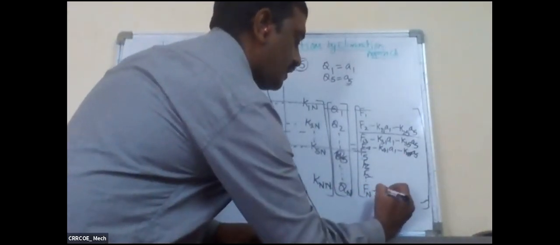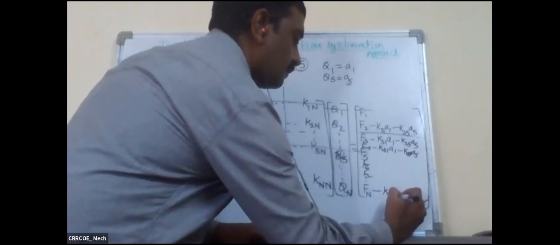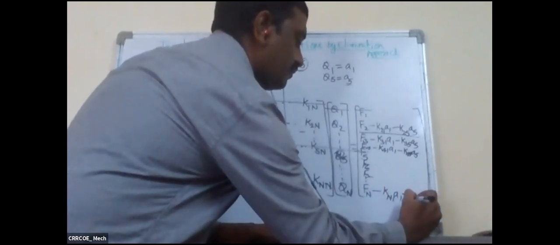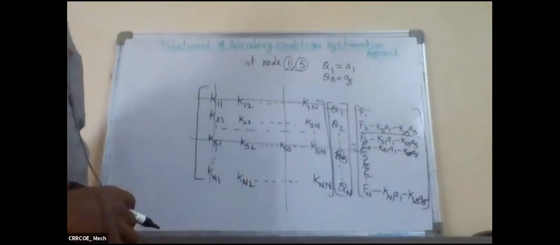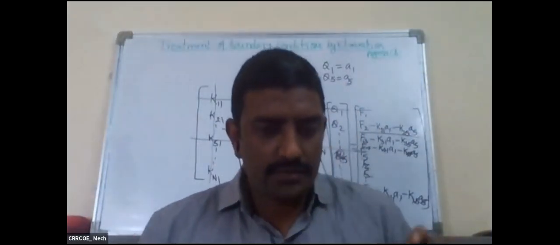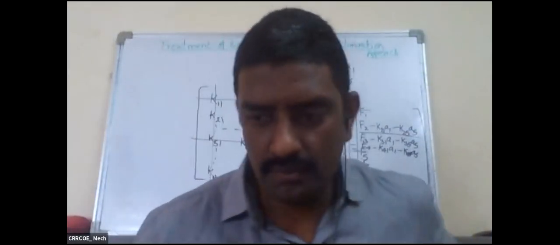Similarly F6, F7, and so on, up to Fn minus Kn1 A1 minus Kn5 A5. These are the modifications in the load vector. So this is briefly about the elimination approach. Remember, in the elimination approach, remove rows and columns which correspond to the specified displacement boundary conditions.